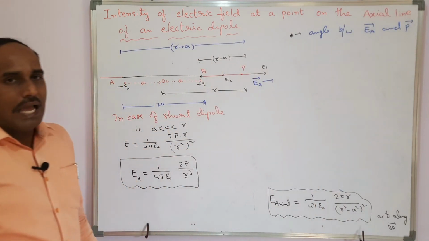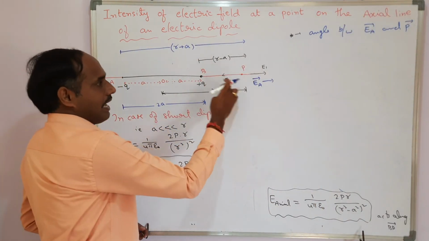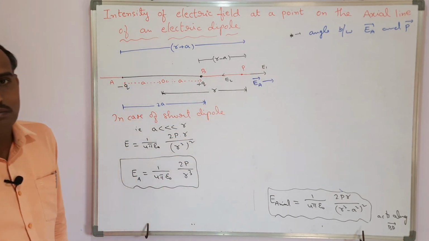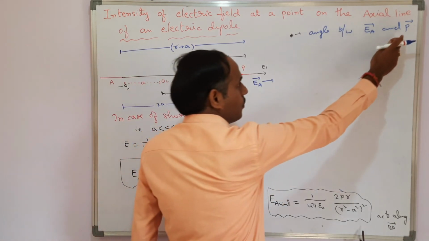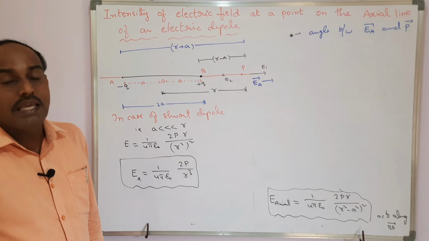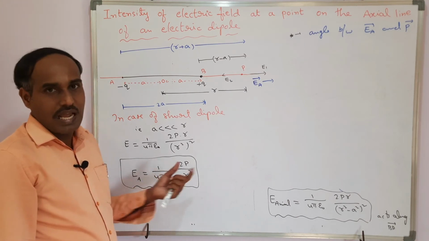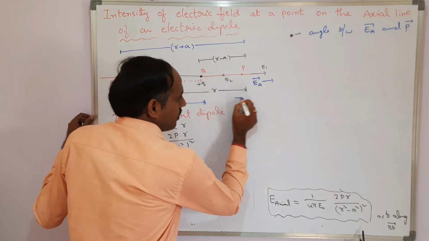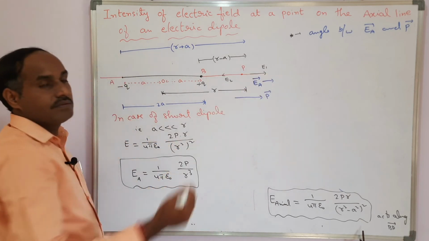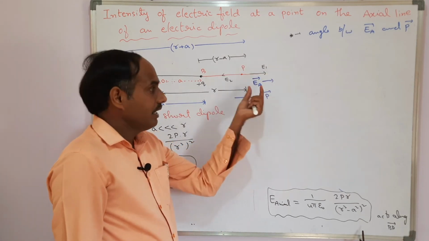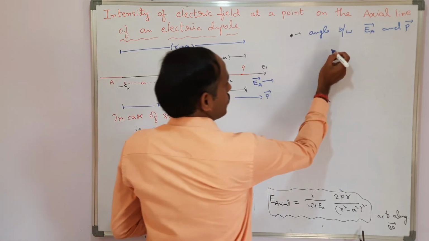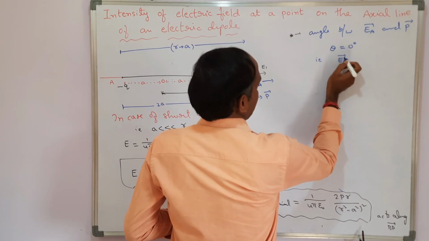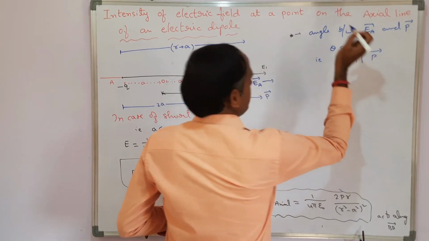From this vector diagram, E on the axial line is towards rightward, and the direction of dipole moment is from negative charge to positive charge, as we discussed in the last video. Here we have the negative charge and this is the positive charge, so the direction of dipole moment is also rightward. When the dipole moment is rightward, E on the axial line is also rightward, so the angle between the two is 0 degrees. That is, E on the axial line is parallel to p bar.